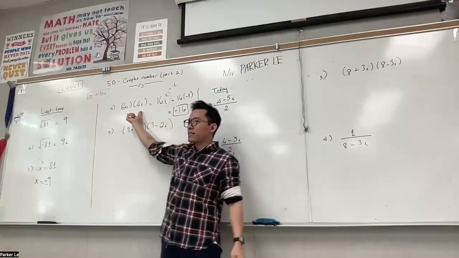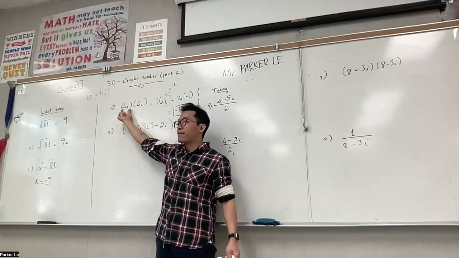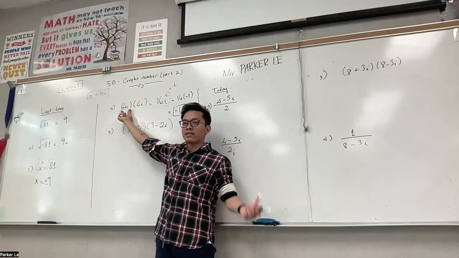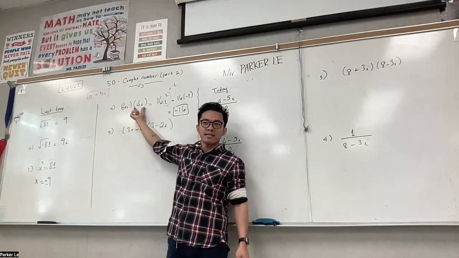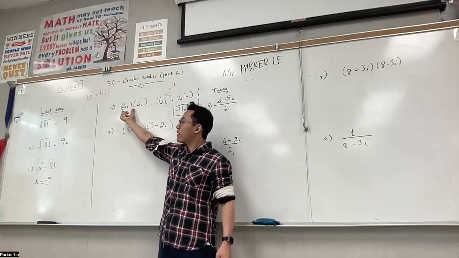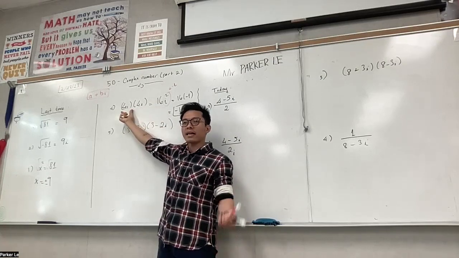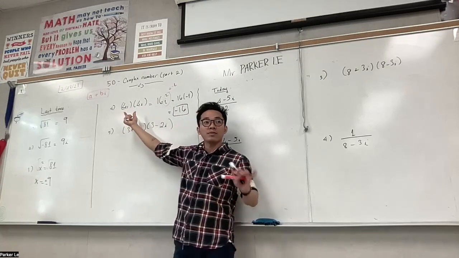So I want you to take a look at this. Did you see that? Let's say I have 4i and I want the i to disappear. What do I do? I multiply by another 4i. Keep that in mind, we're going to learn that today. If I have 4i, I don't want the i up here, I want the i to disappear.